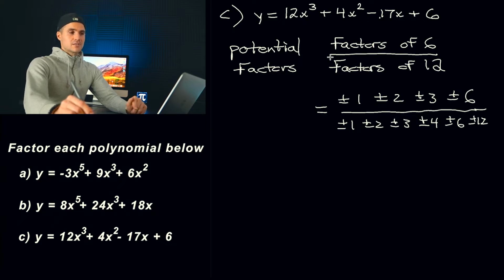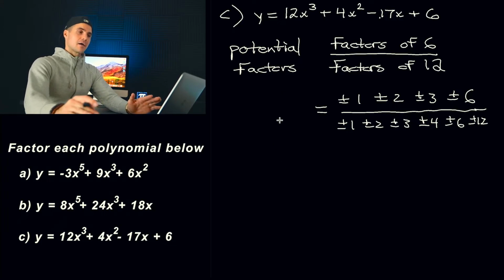And as I mentioned, this is one of those where unfortunately there's no integer that's going to work out. Now, most of the time, you are going to at least have one integer that's going to make the polynomial equal to 0. But you might run into a polynomial, your teacher might throw one on the test, where there won't be any integers that work, such as this one over here.